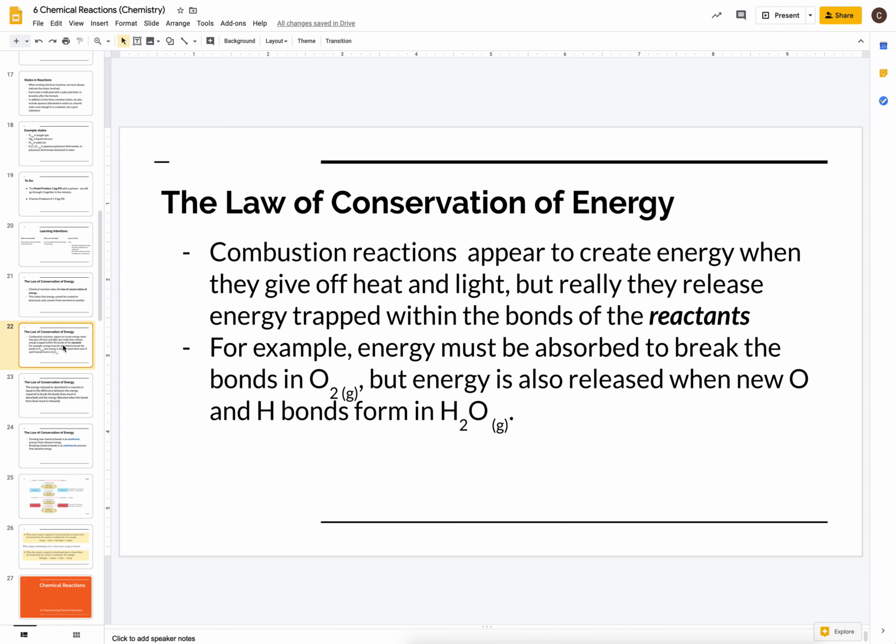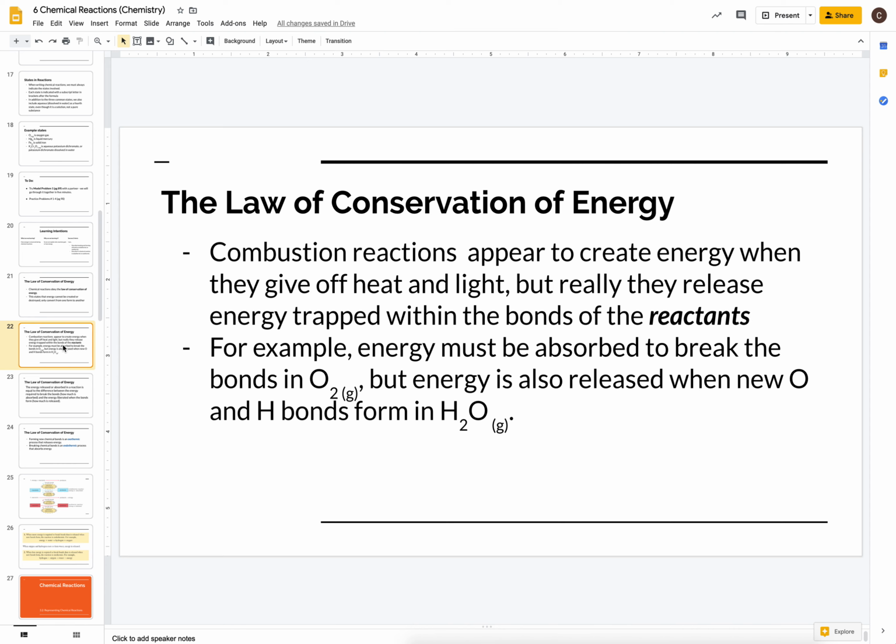So, for example, in combustion reactions, we have oxygen as one of our reactants and water vapor as one of our products. The bonds within an oxygen molecule must break in order for the reaction to take place.